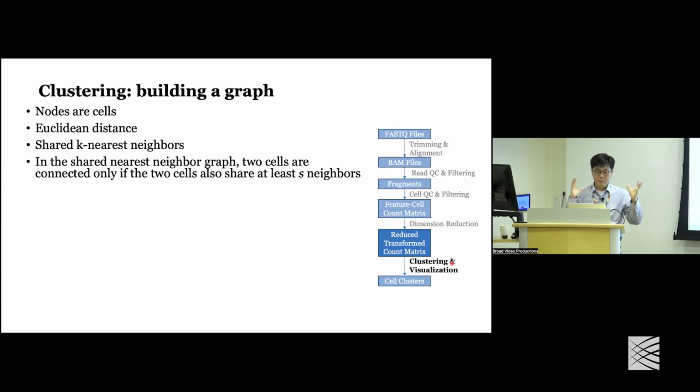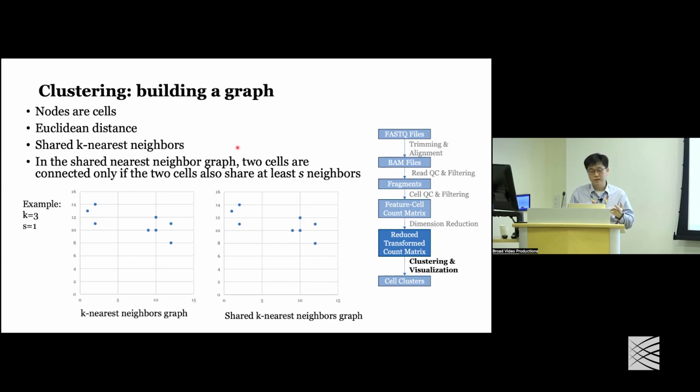this hypothetical graph. The nodes are cells, actually. And then you try to connect cells if they are close to each other in this high-dimensional space, okay? So k nearest neighbors is essentially very simple.